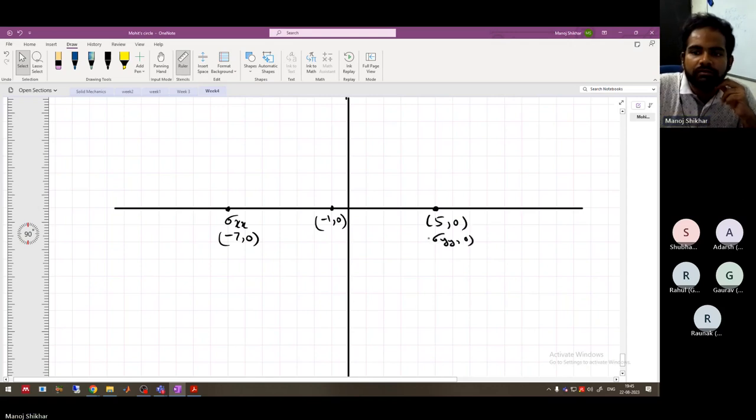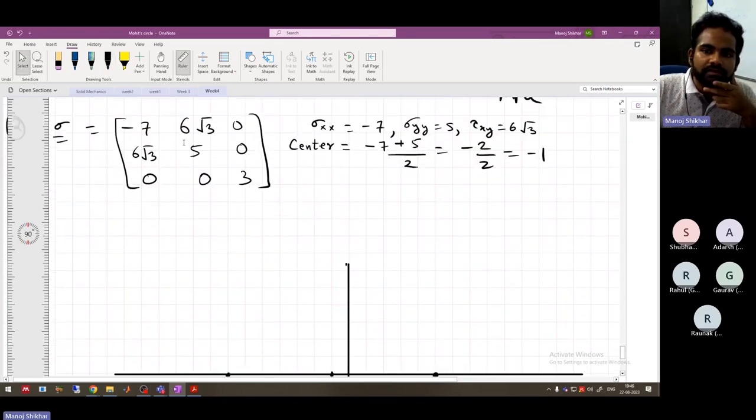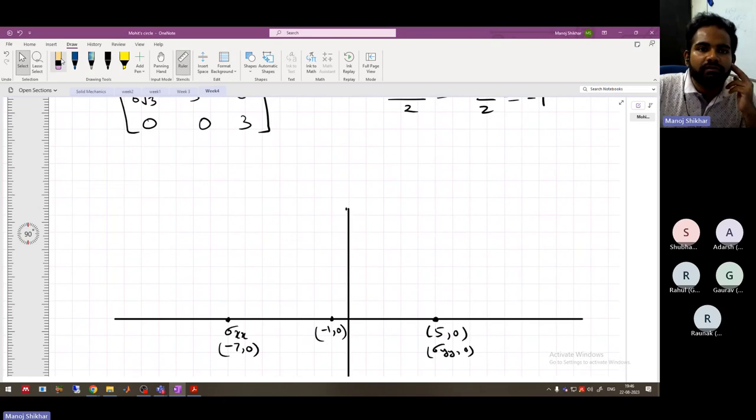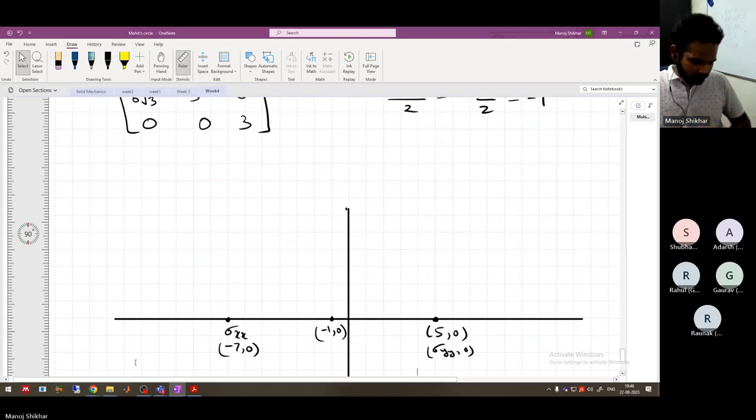Now how much is tau xy given? It's given as 6 root 3, so that will be around 10.39.